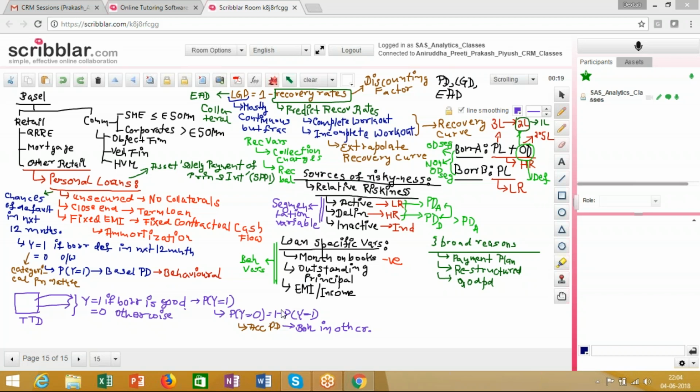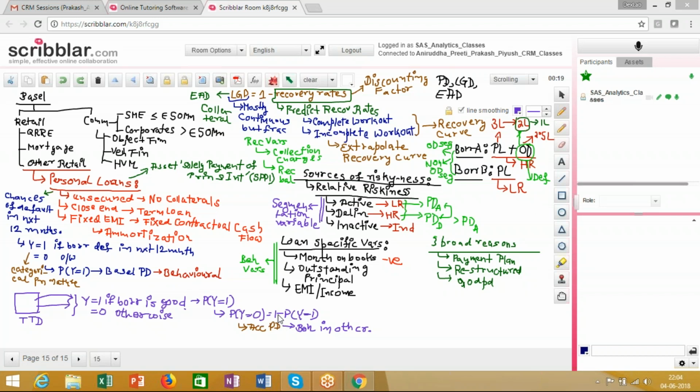So before I move on, I'll just take up Anirudh's question. I will explain the behavioral variables, right? For example, suppose I am paying my loan EMI every month, and then I become delinquent in a month. Why have I become delinquent? Because I did not pay my EMI. So delinquency actually captures the behavior of a borrower, and hence delinquency is a behavioral variable for us.